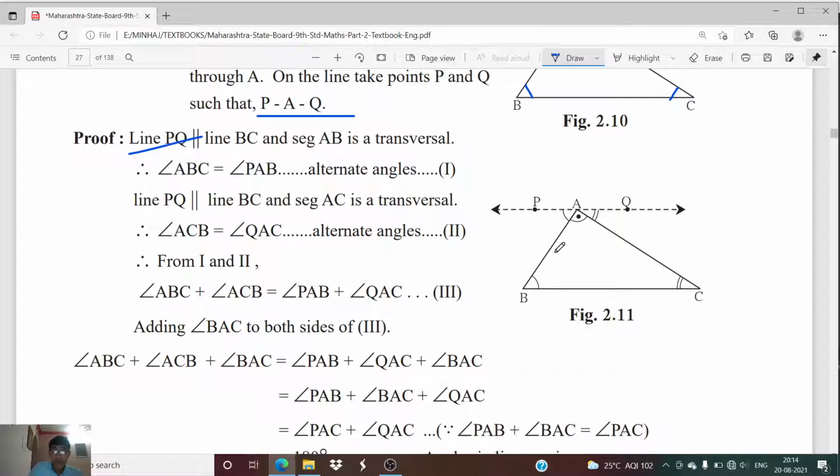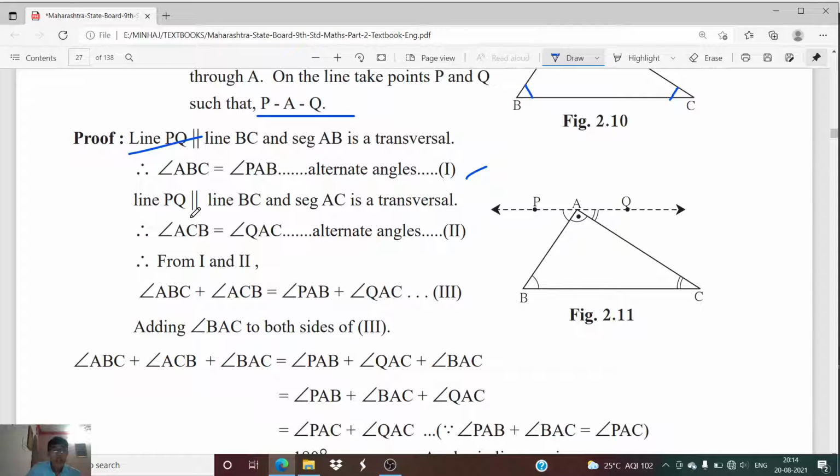So angle PAB and angle ABC are both interior alternate angles and both are equal to each other. So I have written this down: angle ABC is equal to angle PAB, by alternate angles.